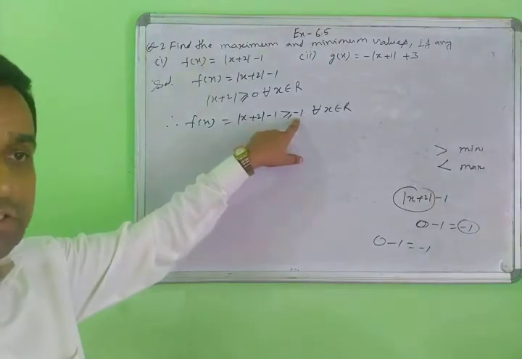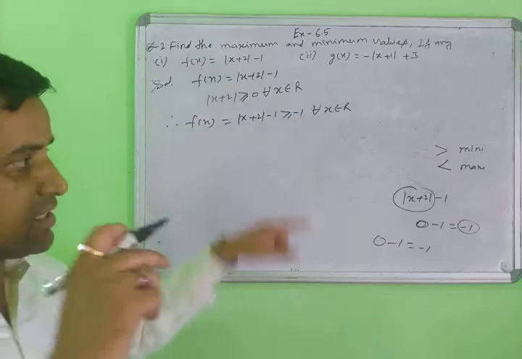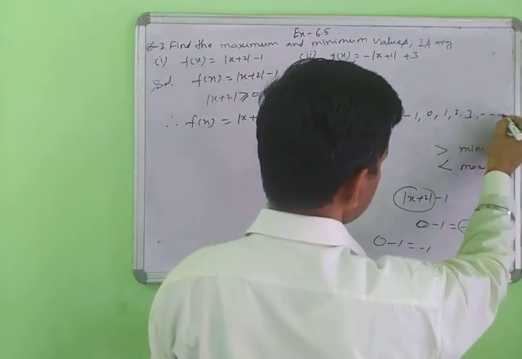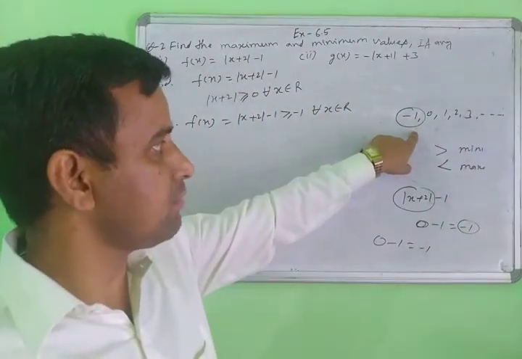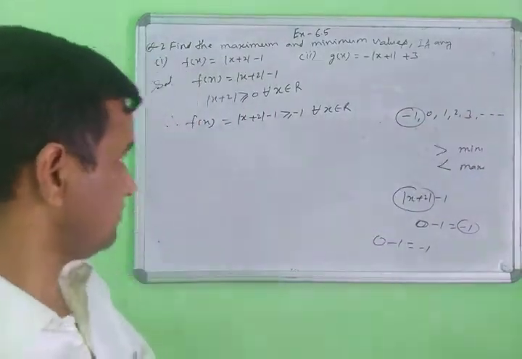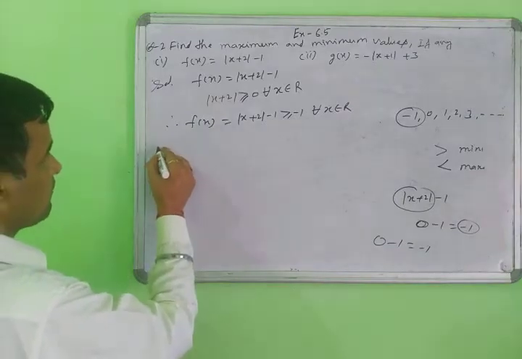Other values are greater than minus 1: 0, 1, 2, 3, 4, that's it. So minus 1 is the minimum value. What is the maximum value? This is not here. Fine. So now, the 4.